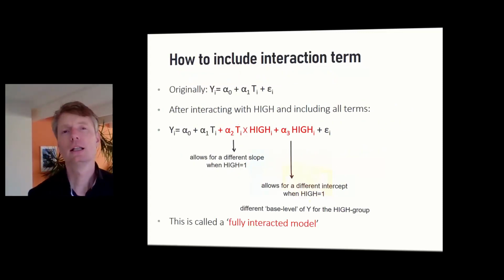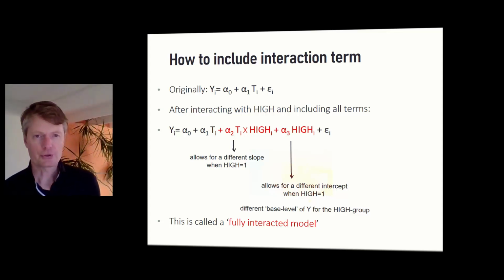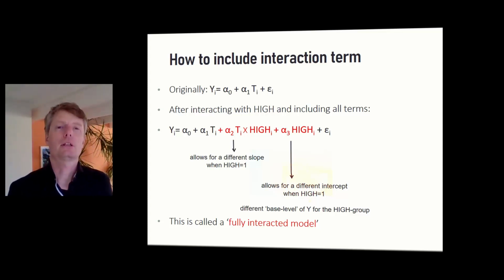So how does it work? We start with the simplest estimation equation possible based on an RCT. Simply only alpha 1 times T, with alpha 1 showing the average treatment effect. Now if we are going to interact the treatment with this binary interaction term high, then the estimation equation is going to look as follows.